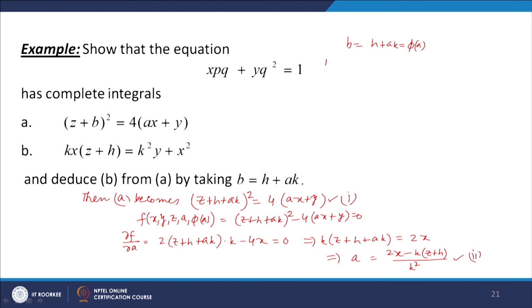So, eliminating a between 1 and 2, what we will get: z plus h plus a k is 2x by k, so 2x by k whole square equal to 4 times a into x plus y.